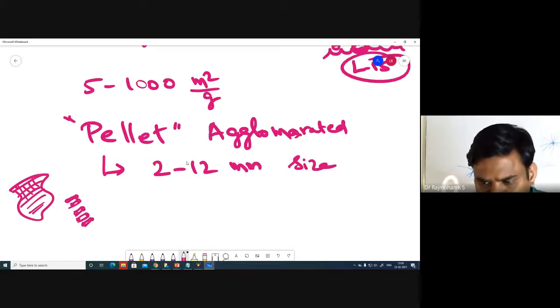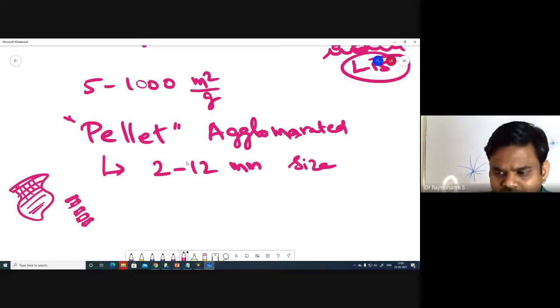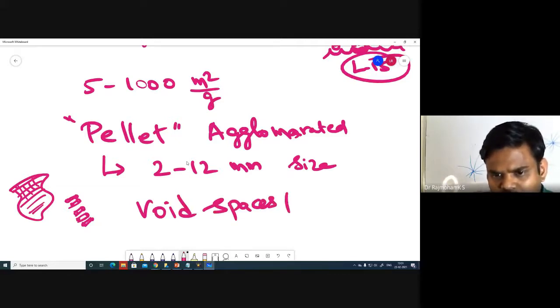In these pellets there are two types of pores in the voids.